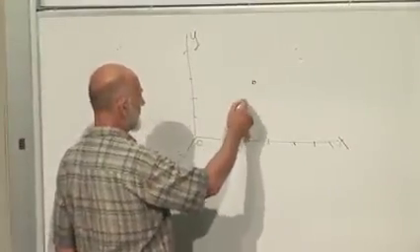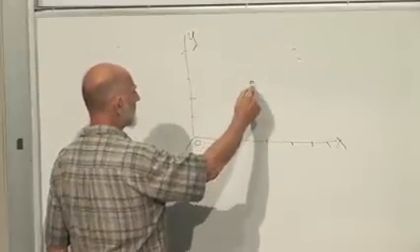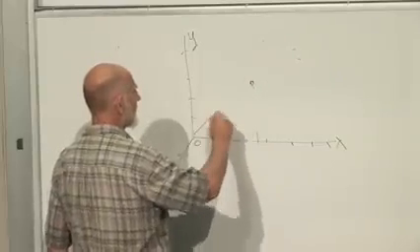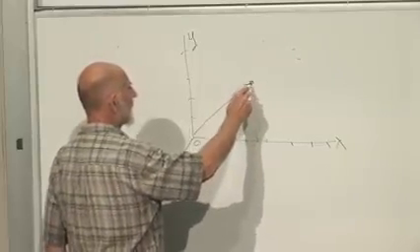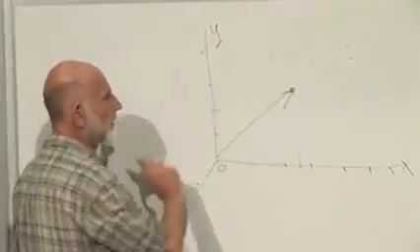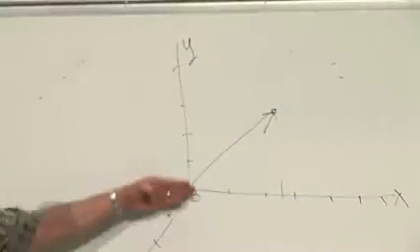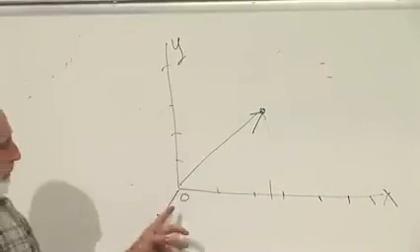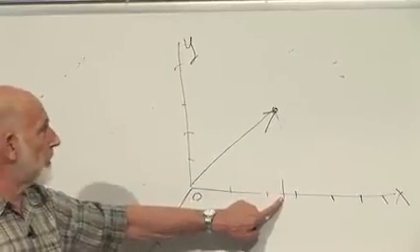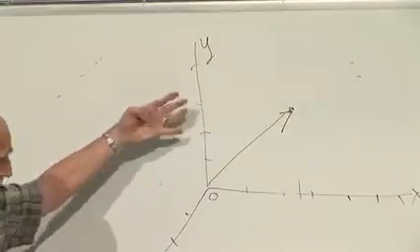Let's see, how do we draw this? It has a height, y. It has an x, and it has a z. If you like, you can think about how do you get to this point from the origin. You go a certain number of steps along x, you go a certain number of steps along y, and then you go a certain number of steps along z.